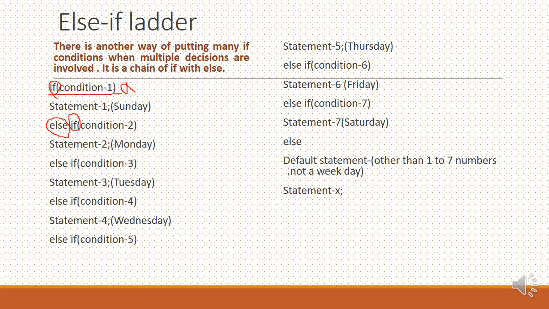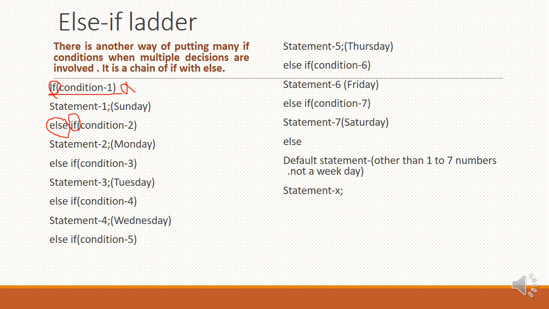No semicolon here. So first, what is the condition in the else if ladder? If condition 1. If this condition 1 is true, it is going to execute statement 1. That means exactly after this what we have written is going to execute.